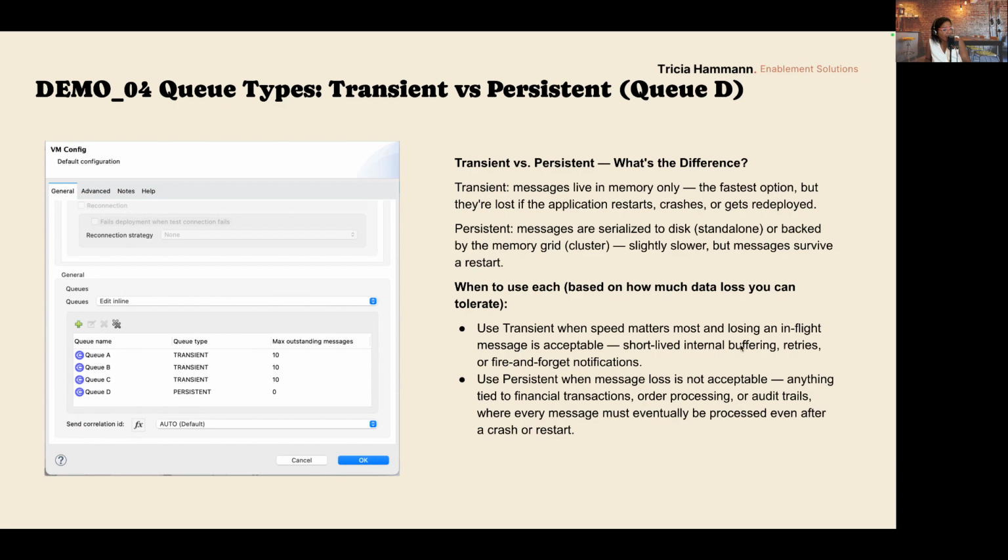It short-lived internal buffering, retries, or fire and forget notifications. Use persistent when message loss is not acceptable at all. Anything tied to financial transactions, order processing, audit trails, where every message must eventually be processed even after a crash or restart.